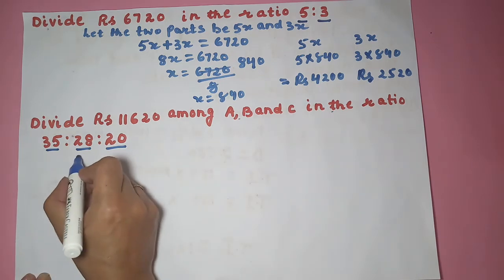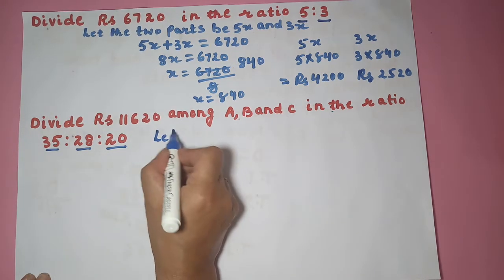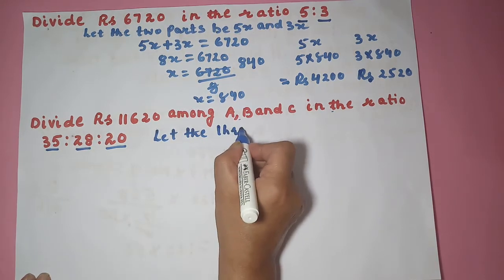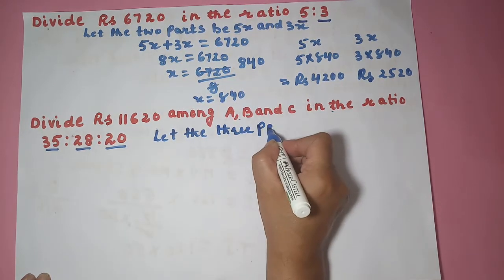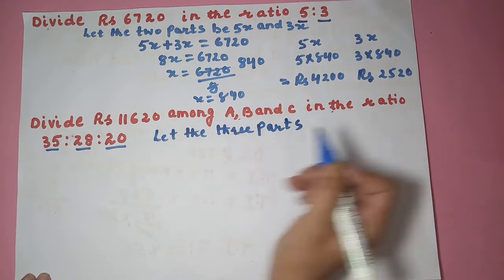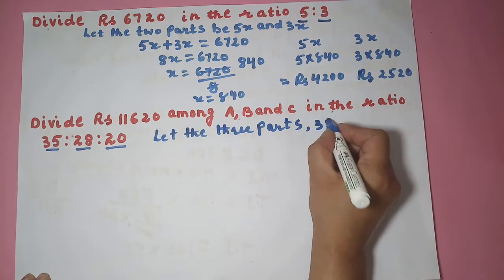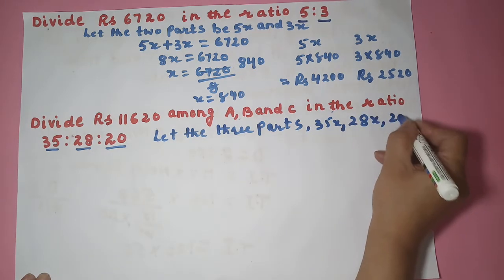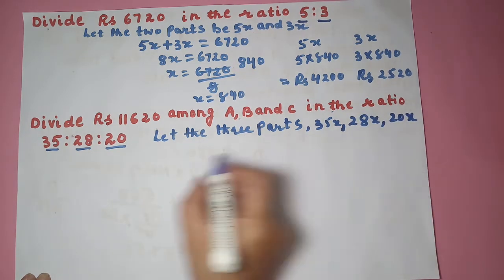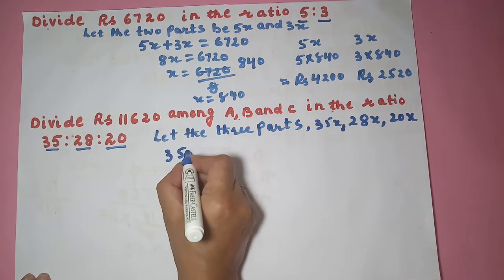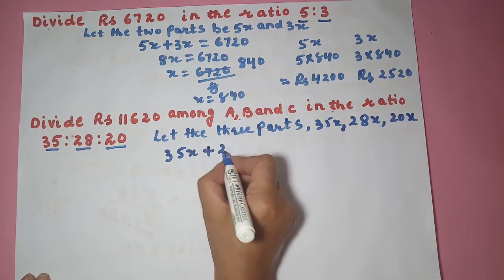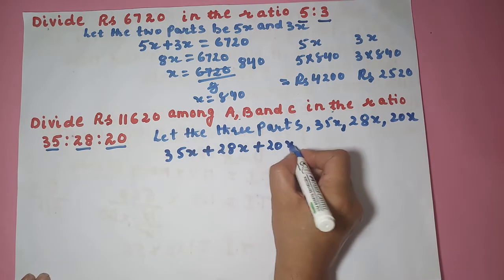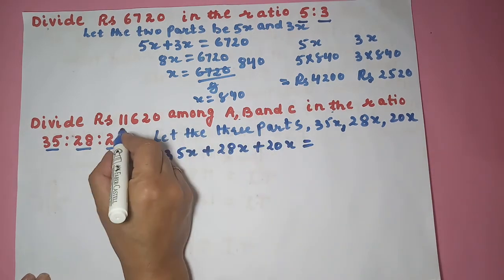So we will say let the three parts be 35x, 28x and 20x. Now, if we add all these up, that means 35x plus 28x plus 20x. What do we get? 11620.